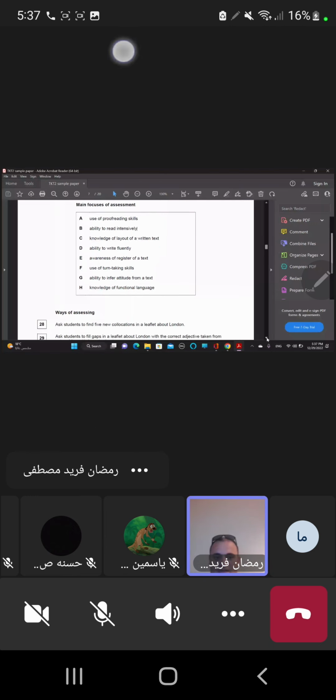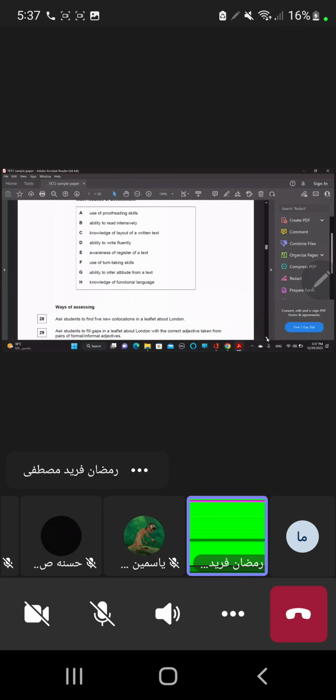So number 2: ask students to fill gaps in a leaflet about London with the correct adjective taken from pairs of formal and informal adjectives. You know what it means. I think E. Yes, and of course you know the meaning of the word register.